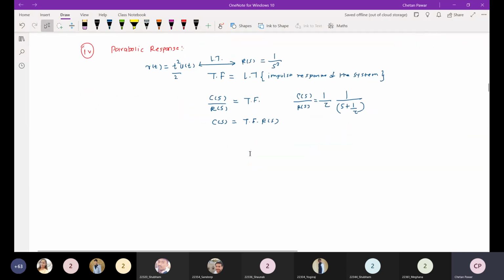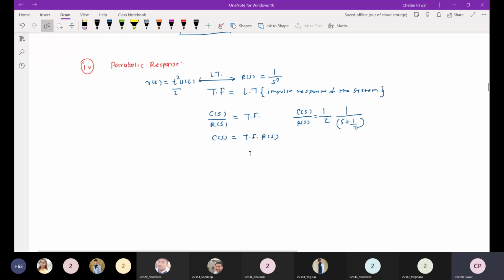Okay, so C(s) will be 1 by tau upon s cubed into (s plus 1 by tau). Okay, so let us take a partial fraction here: a by s cubed, and so on, plus d upon s plus 1 by tau. Okay, and then solve this.